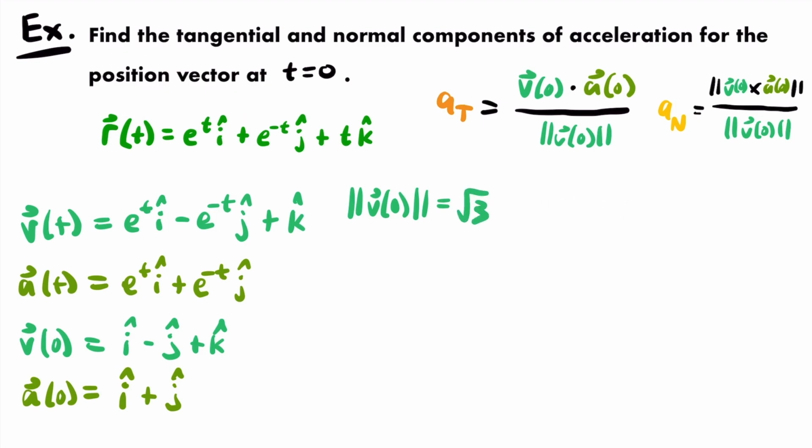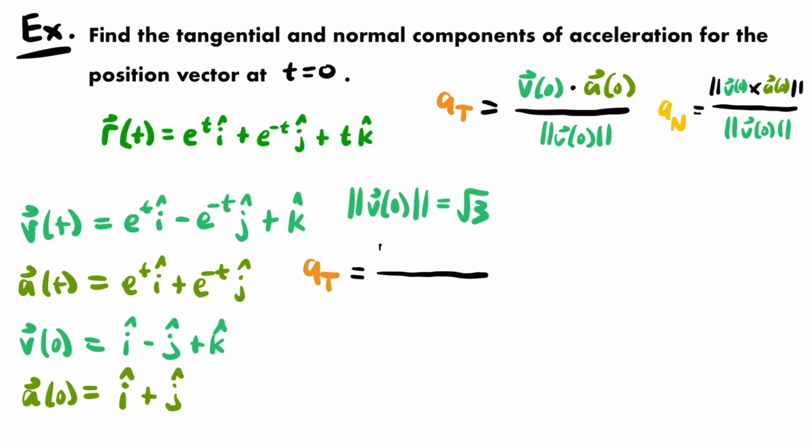Okay? And so now we have everything we need to calculate both the tangential and normal components of acceleration at t equals 0. Let's start with a sub t, the tangential component. Let's take the dot product of the velocity and acceleration vectors at t equals 0. We're going to have 1 times 1 plus -1 times 1 plus 1 times 0.